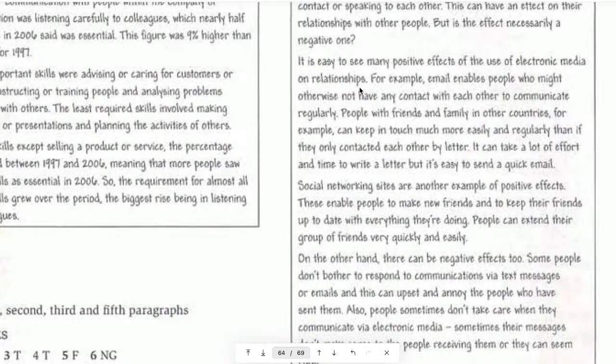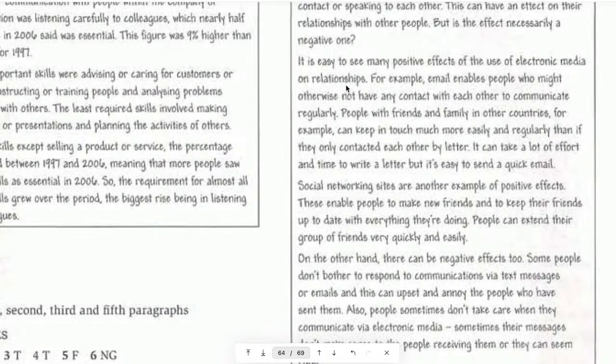If you don't read the next sentences, can you guess what you're going to read? Yes, that's right. Even without reading, we know that this person is about to write many positive effects of the use of electronic media on relationships.